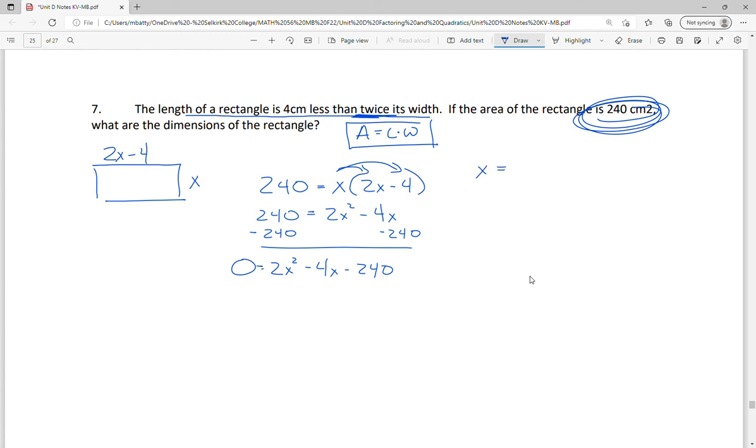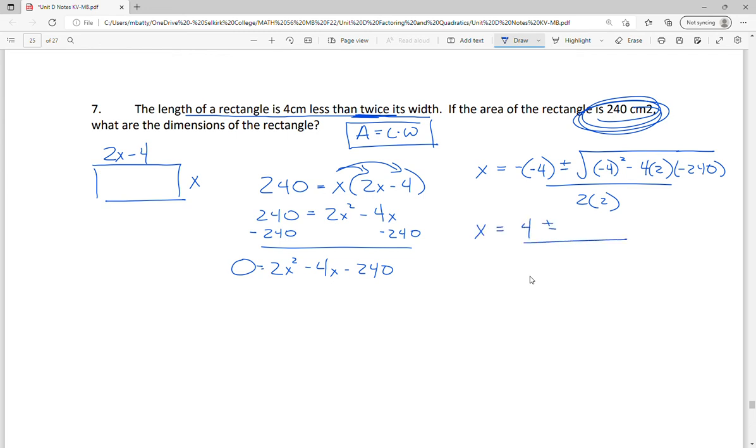So this would be negative b plus or minus the square root of b squared minus 4ac, all over 2a. Make this look a little bit neater. Everything under the radical there amounts to 1936.